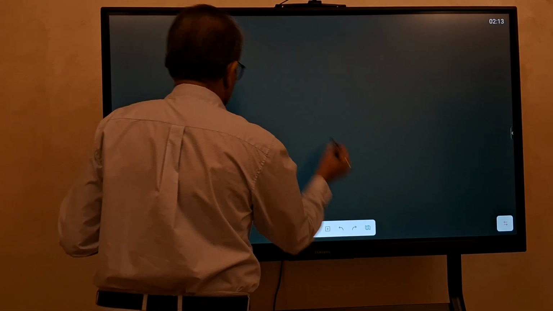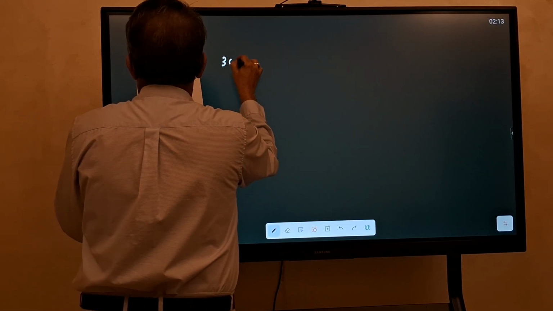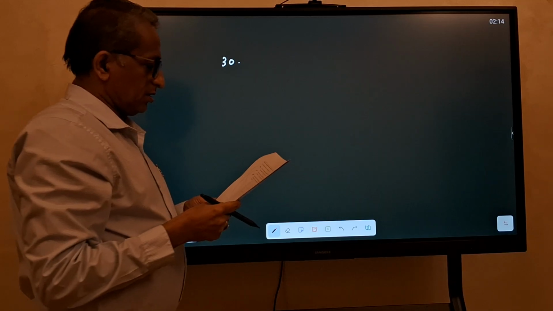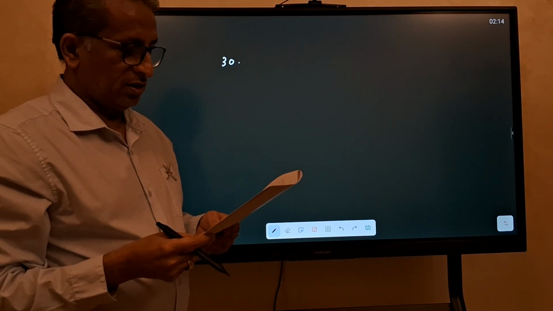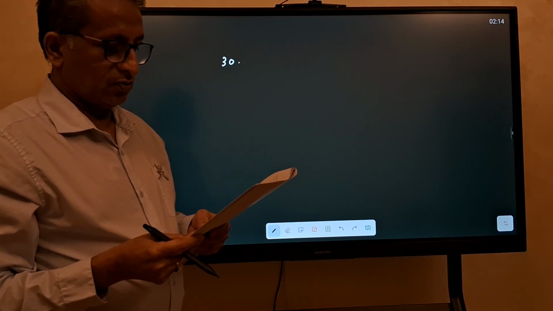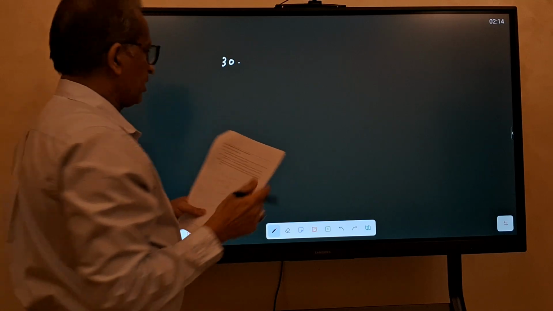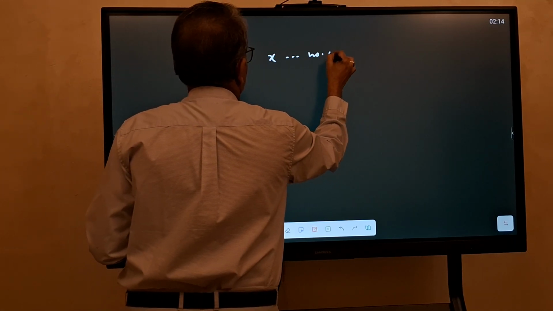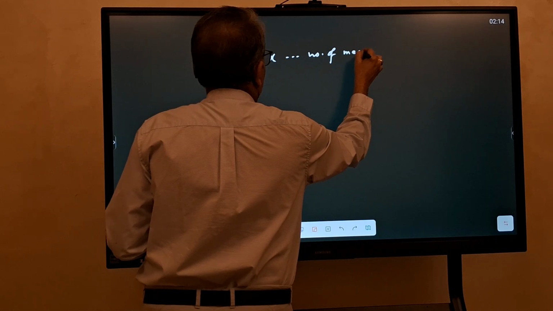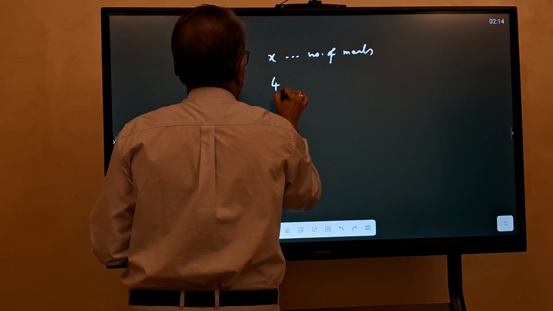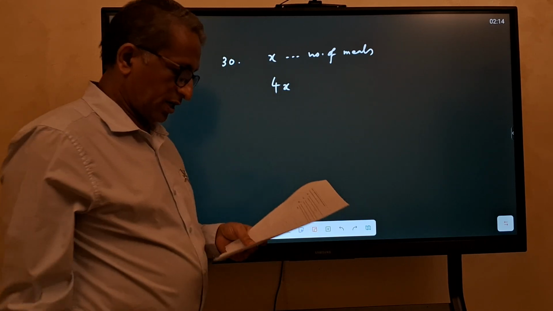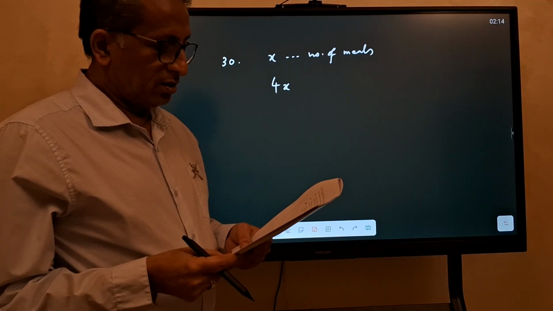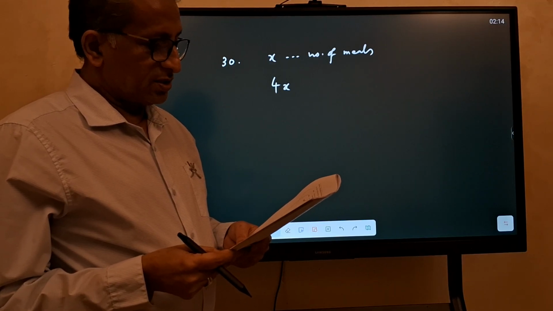Coming to the last question, that is number 30. Ahmed is a personal chef and he charges 4 per meal. That is, X be the number of meals, and he charges 4. That means the cost of the meal is 4x, and his monthly expense is 400.